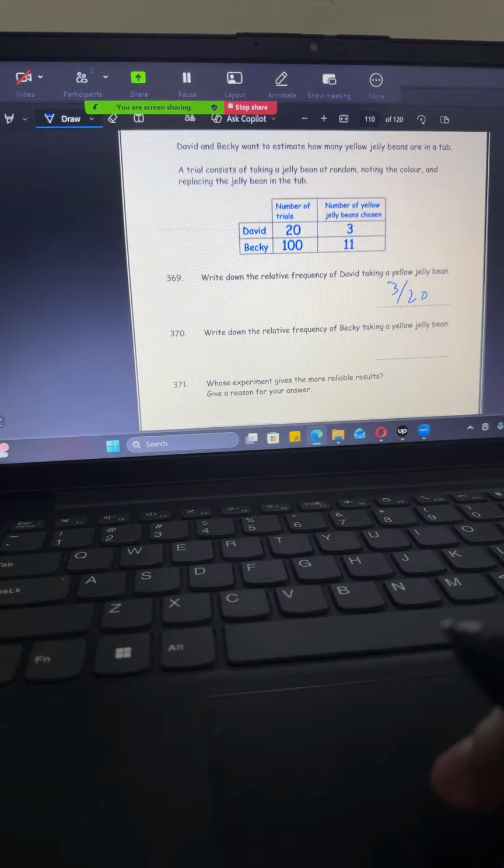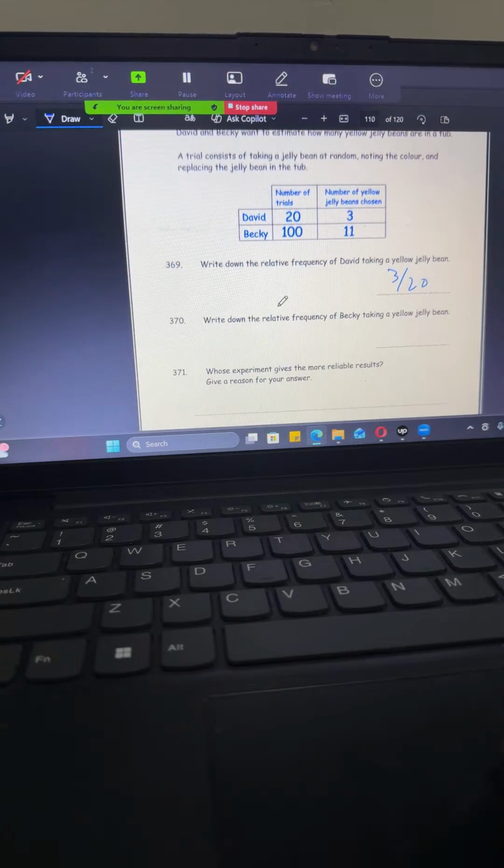For Becky, she did 100 trials and got the yellow jelly bean 11 times, so it's 11/100.